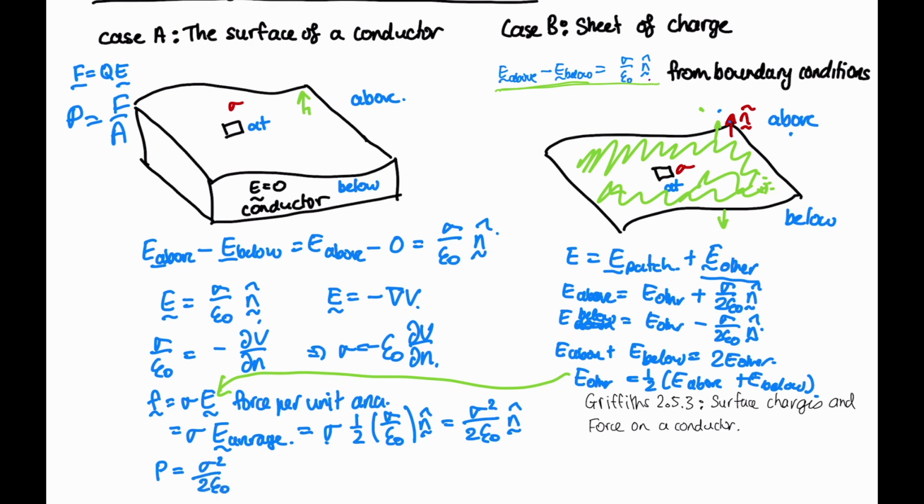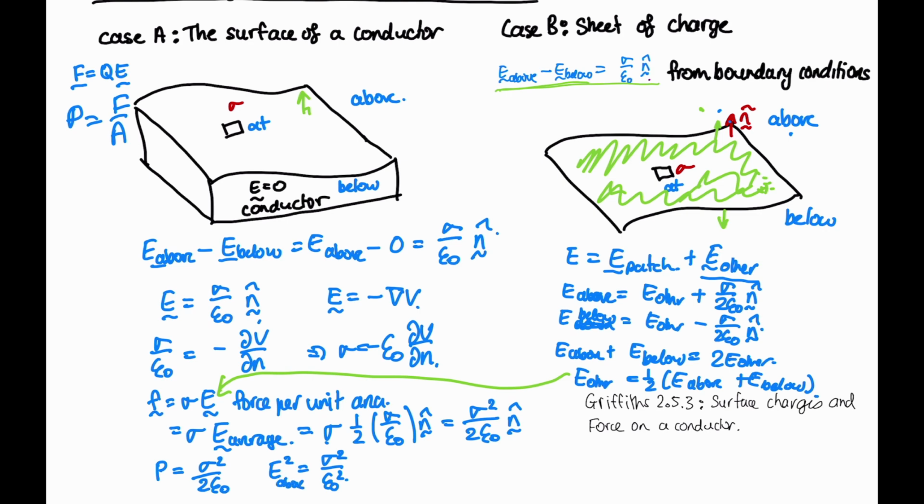But if we want to substitute in with E squared, this is taking the E above. It's taking this E here. So we can say, well, E squared is equal to sigma squared over epsilon naught squared. This is above.